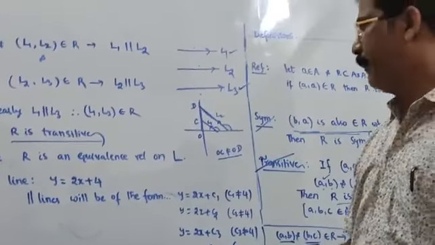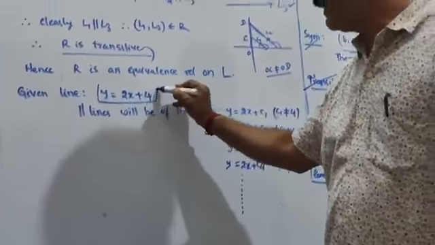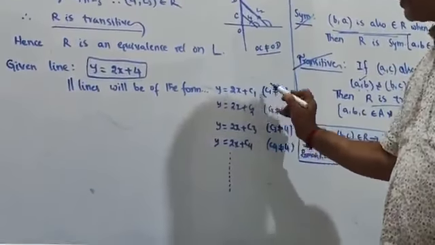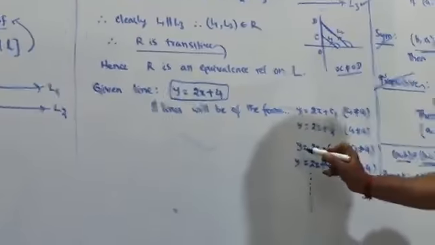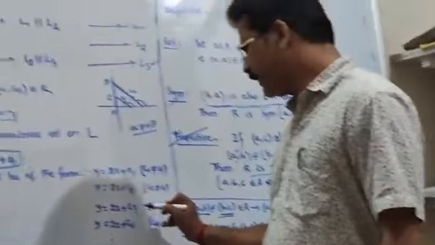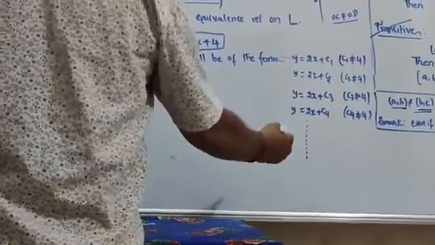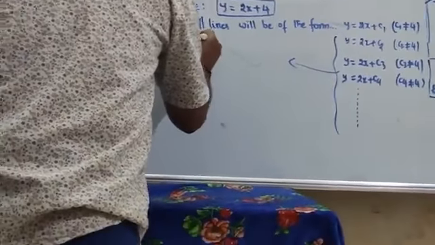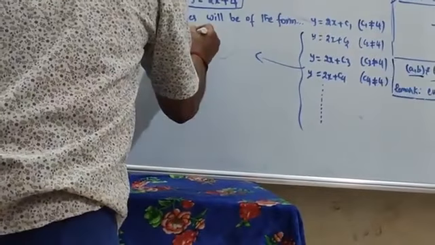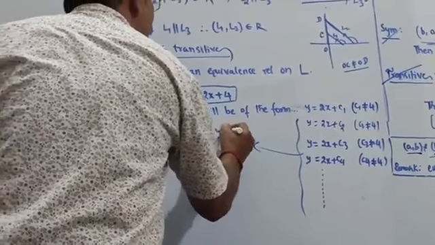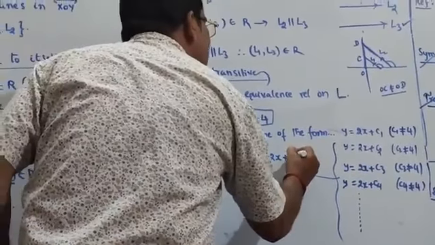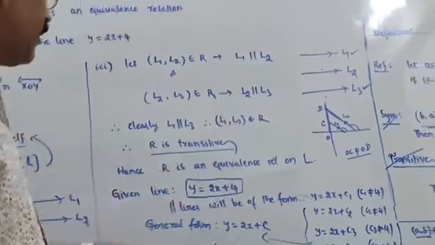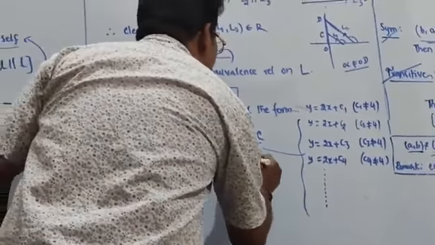So therefore, the parallel lines of the given line y equal to 2x plus 4 will be of the form y equal to 2x plus some different constant. So its general form will be y equal to 2x plus c, where c is any constant different from 4.